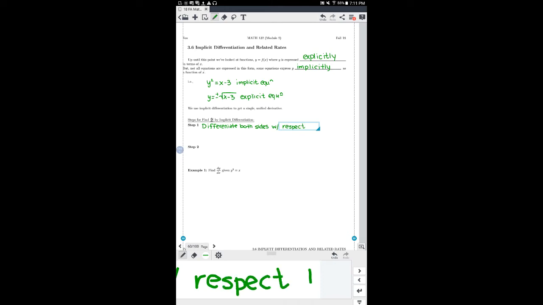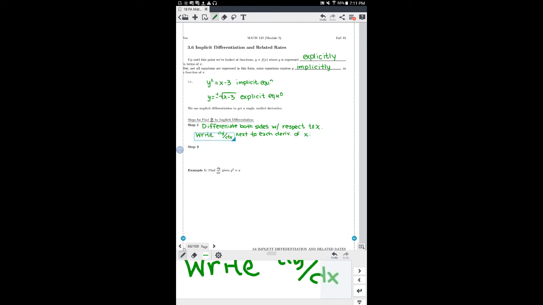Differentiating both sides with respect to x means we're going to write a dy dx next to each derivative of y. Not just each y, but each derivative of y. So it's just a little bit extra work. Take the derivative as usual, but the derivative of y squared isn't just 2y, it's 2y dy dx. Because I took the derivative of y, I need to put a dy dx next to it.